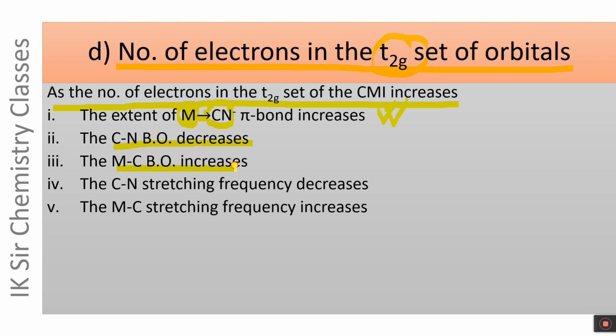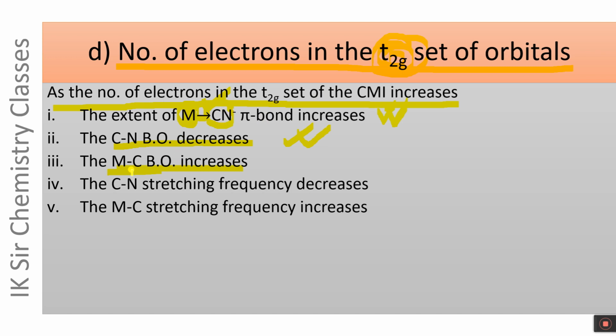MC bond order increases. There is a CN minus to metal sigma bond, and this pi bond is an additional bond in addition to the sigma bond. Therefore, it increases the bond order between metal and carbon. As the number of electrons in the t2g set of orbitals of the CMI increases, the extent of pi bonding increases and CN stretching frequency decreases accordingly due to transfer of electrons from the metal to the anti-bonding pi MO of the CN minus ion.